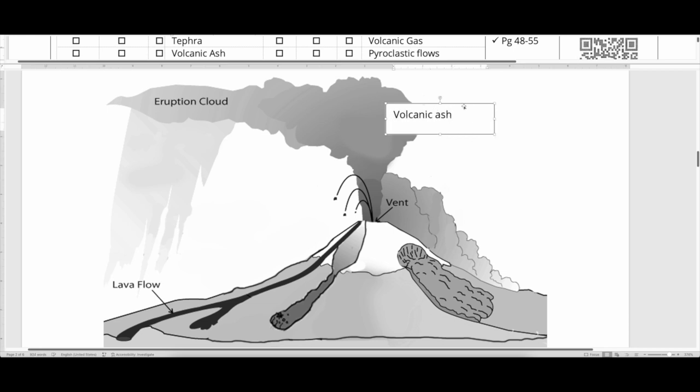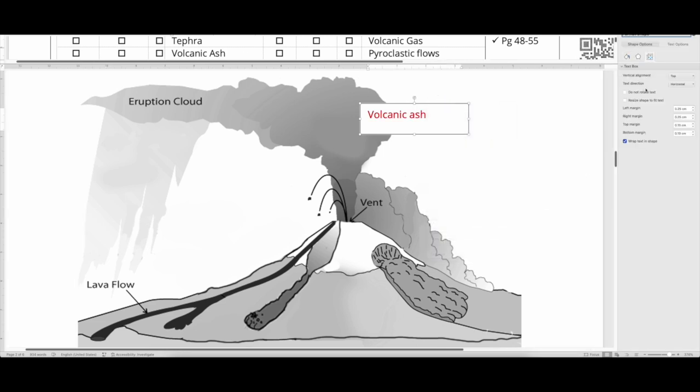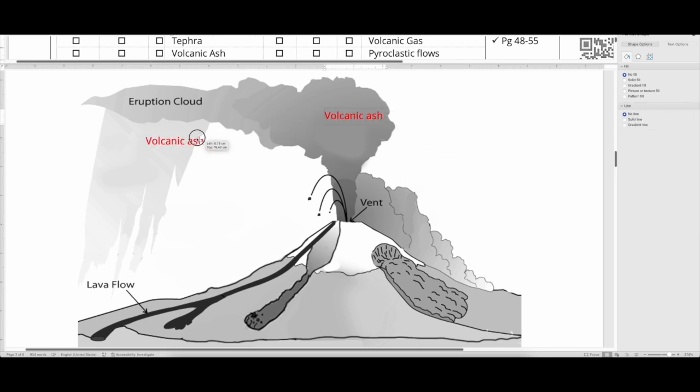Let me change the color so that it's clearer to you. Of course when it falls down, there will be your ash fall. There's also a volcanic gas that you can't really see. So fine, if you didn't label it, it's not visible.